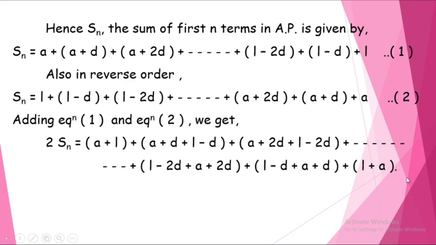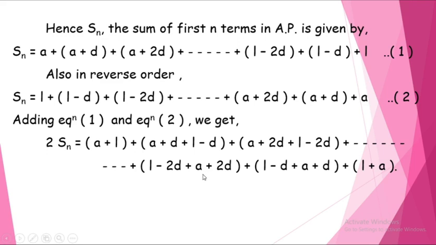On the same line last term L plus A as it is, but in the second last bracket minus D and this plus D gets cancelled, L plus A will be remaining, and in this bracket also plus 2D minus 2D gets cancelled, L plus A will be remaining. In this bracket also L minus 2D plus A plus 2D, the 2D minus 2D gets cancelled out, L plus A will be remaining.